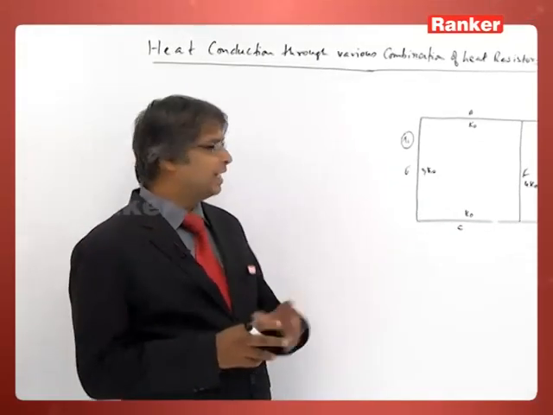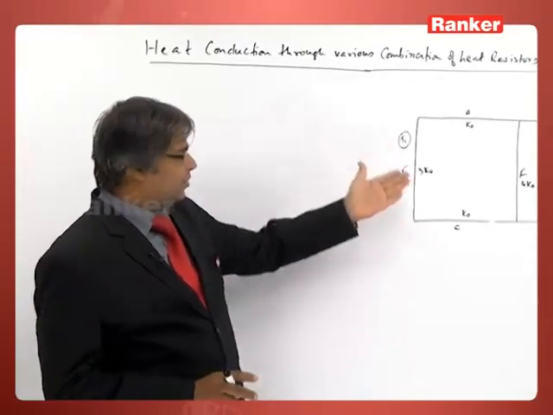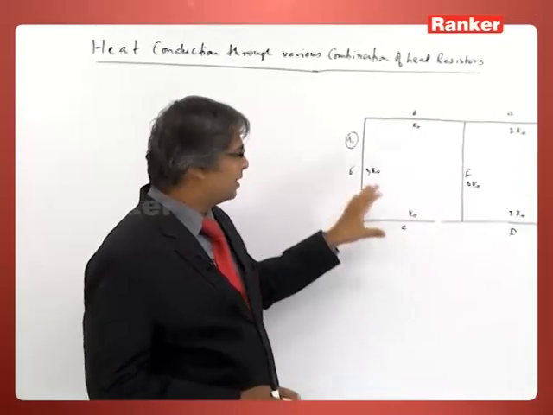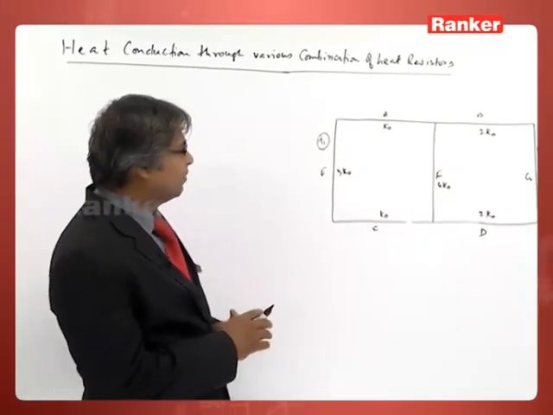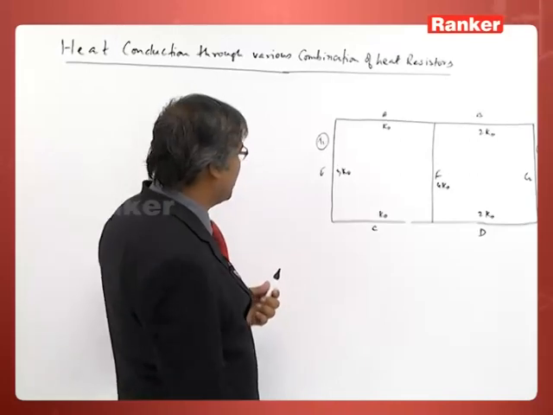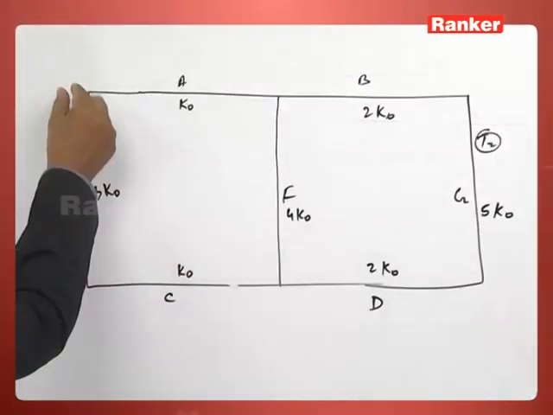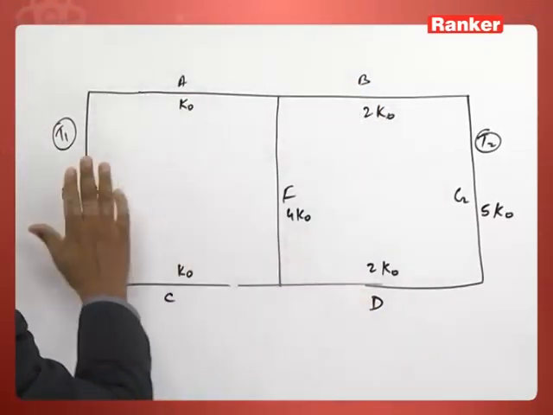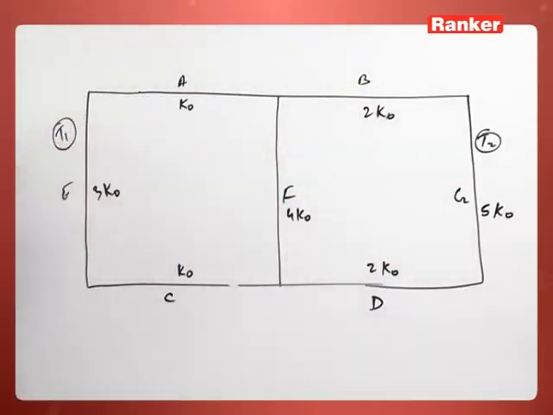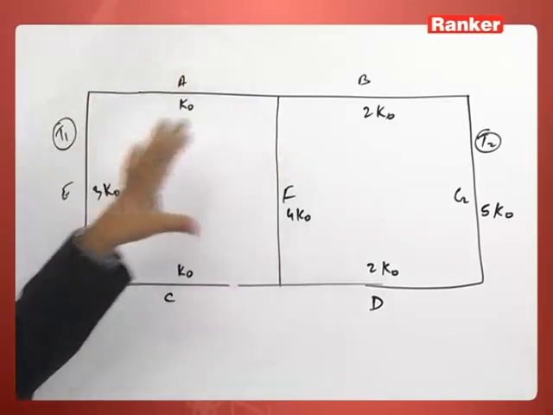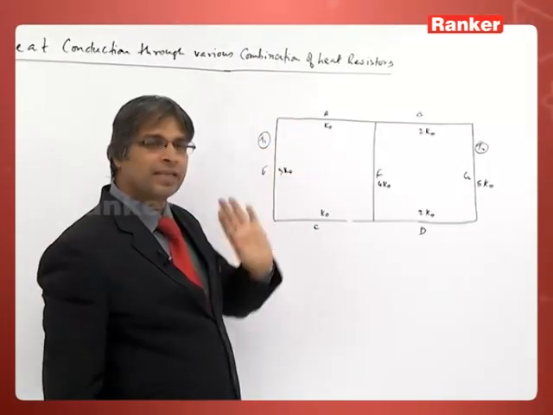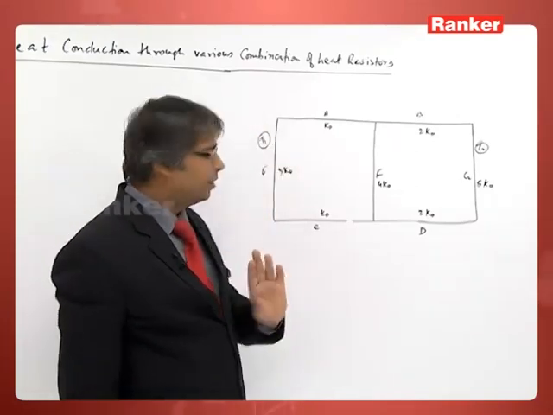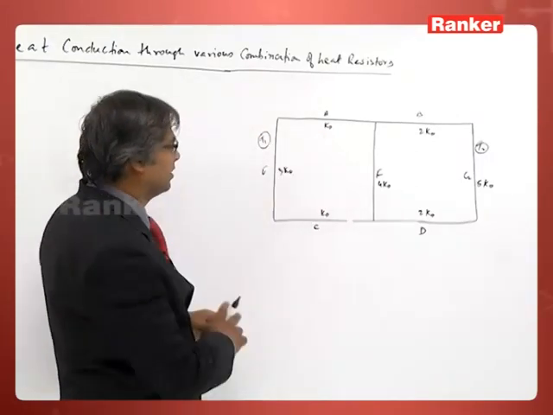So, now take another case of a combination of thermal resistors, and we will see how to analyze it. So, here there is A, B, C, D, E, F, G, these many conductors or rods, each having the same cross section area, length is also the same, but conductivity is different.